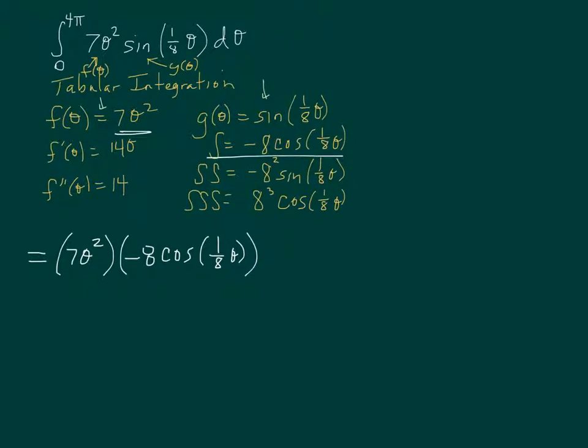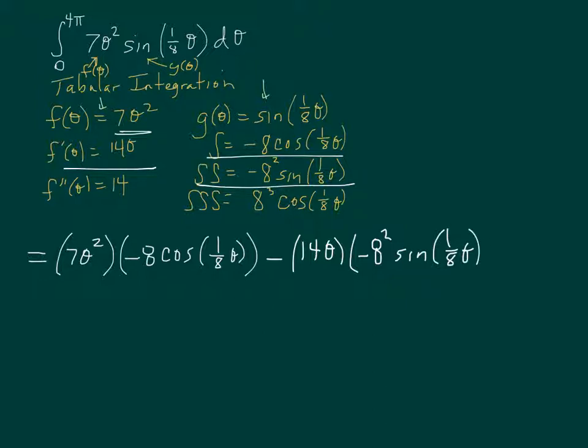So then this is minus, now I'm going to take my second derivative, which is 14 theta, and I'm going to multiply that by my second integral, which is negative 8 squared sine 1 over 8 theta. I've got enough parentheses going on here.